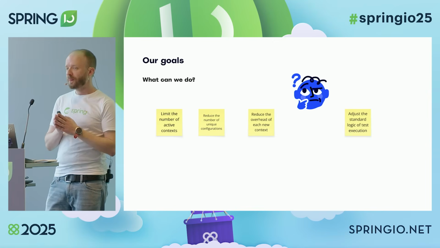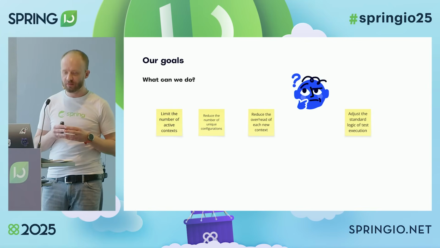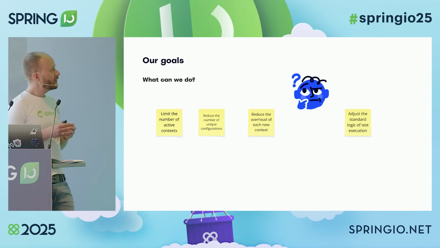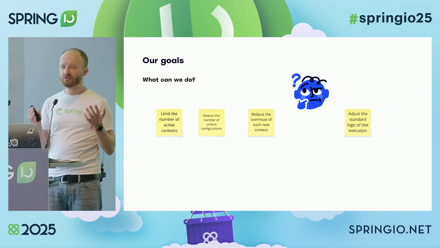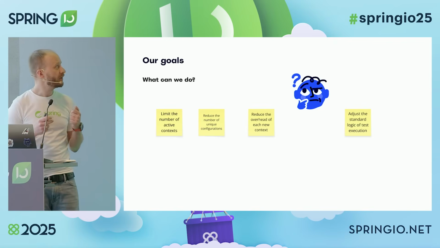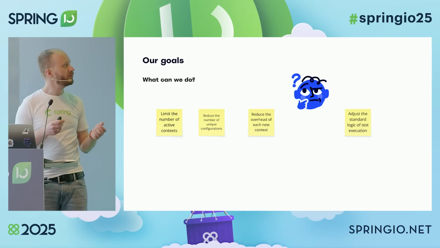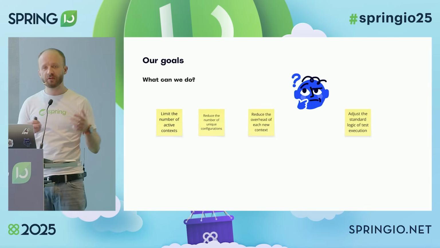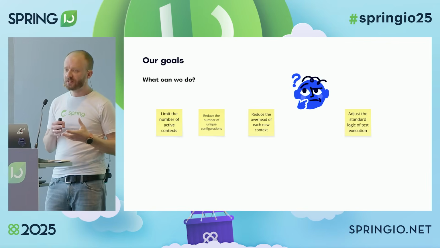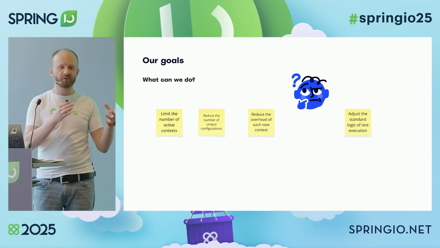So we can already have some intermediate conclusions and what's on the agenda of today's talk. We need to somehow reduce or even minimize the number of active Spring contexts. To do this, we need to reduce the number of unique configurations. In many cases, it's not possible because engineers, for example, want to make their own configuration.